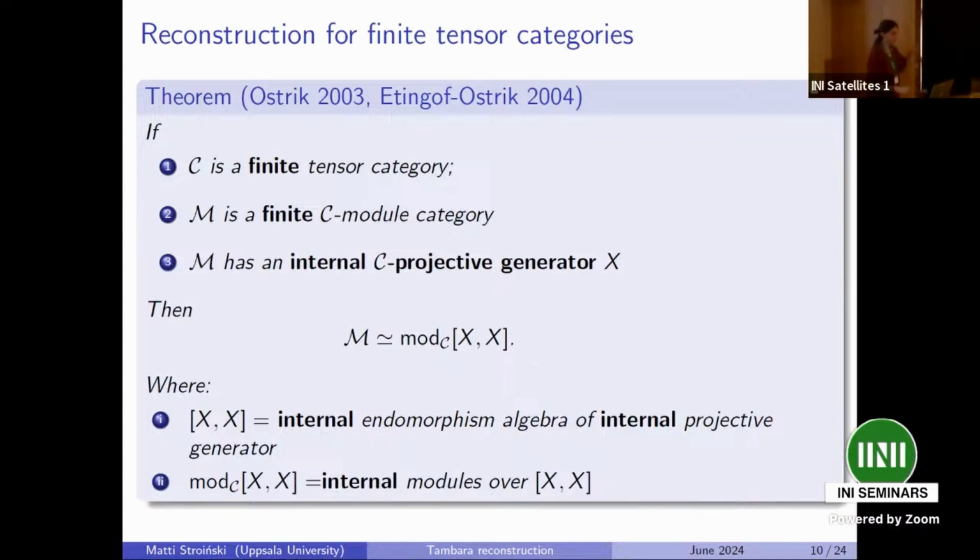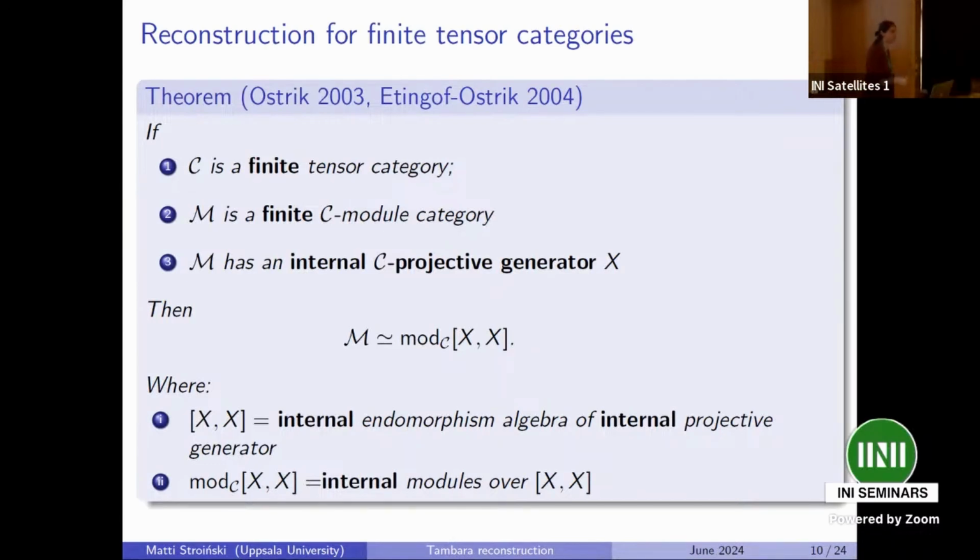If we have a finite tensor category C acting on a finite C-module category, and this module category has an internal projective generator, I will not go into detail on what exactly that means, then this module category is the category of modules, and the algebra object is just the internal endomorphism algebra of my generator.